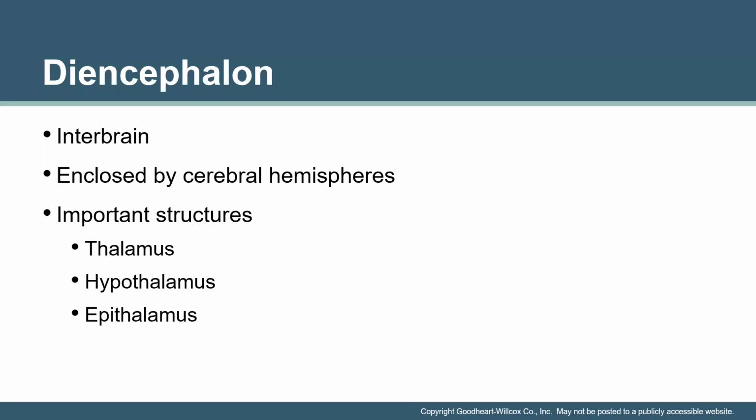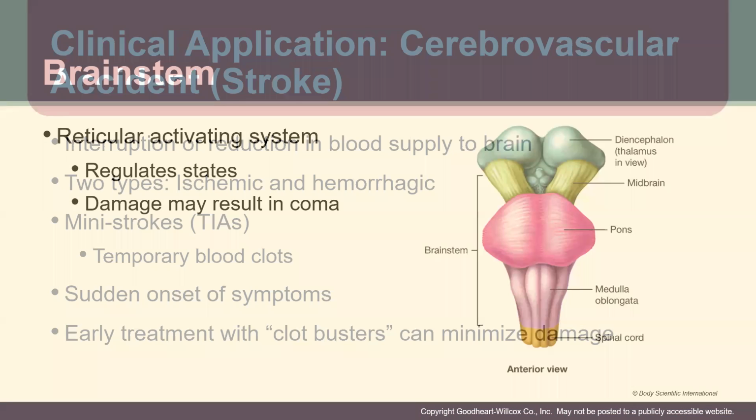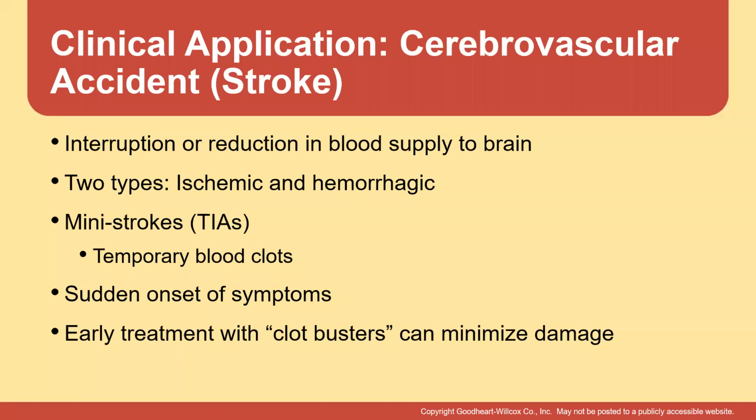So I mentioned the diencephalon. I walked through all of this. We talked about the reticular activating system. There's another tan box, page 221, where it talks about stroke and mini strokes or transient ischemic attacks.